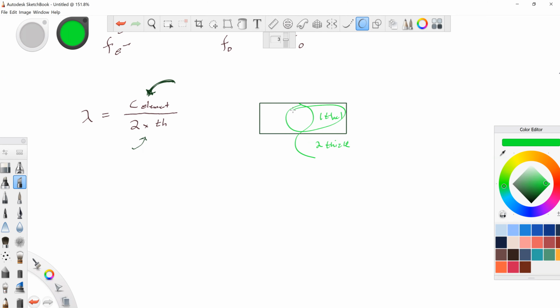One, 2. Okay. Speed of sound: if the speed of sound goes up, wavelength goes up. And 2 times thickness is really the same thing as saying lambda, the speed of sound over frequency.